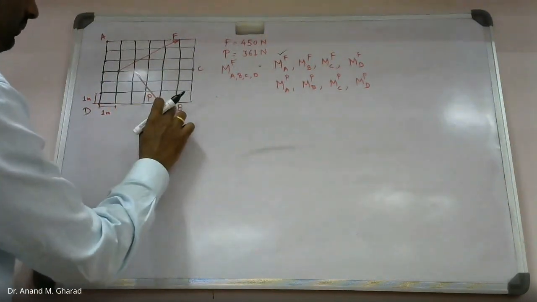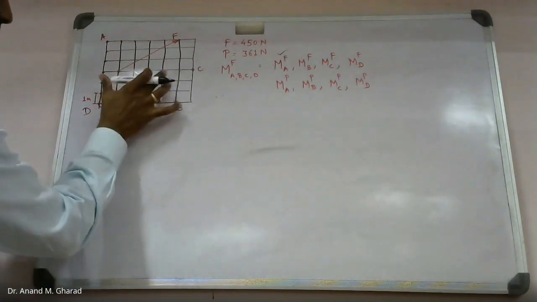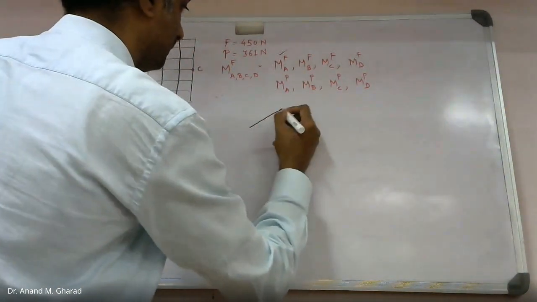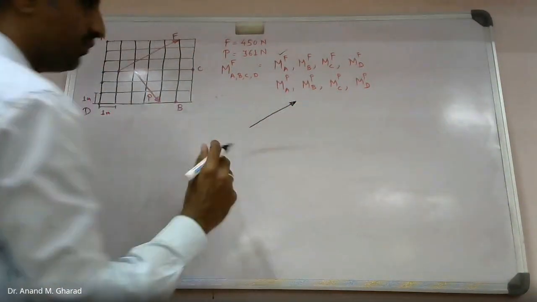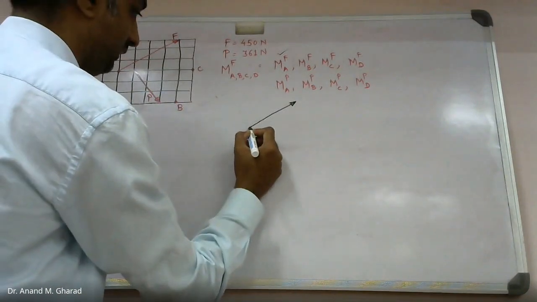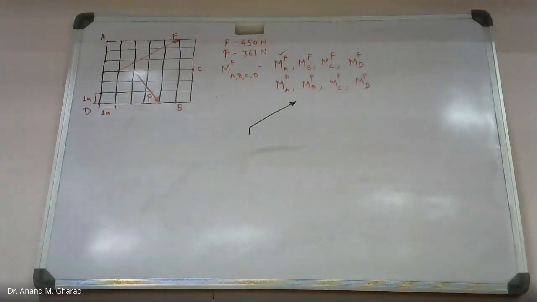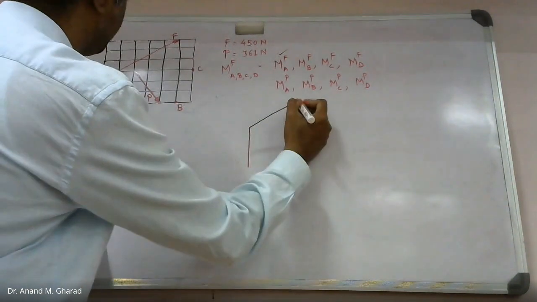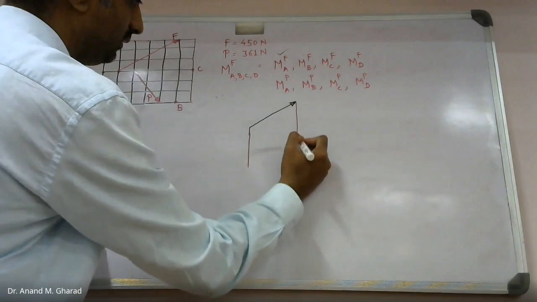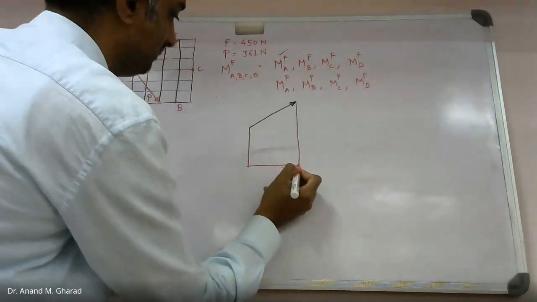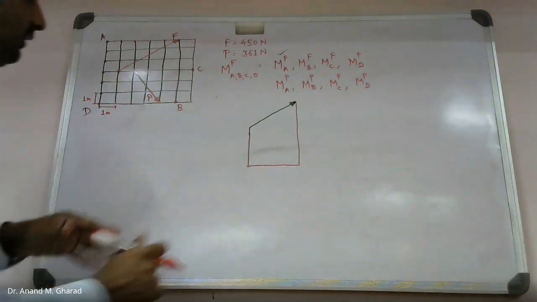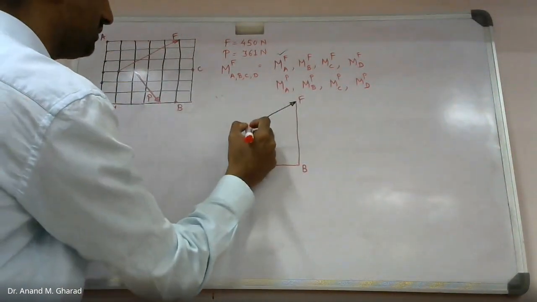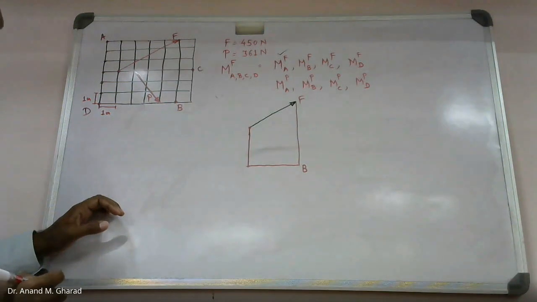Moment about point B due to F. So this portion I will draw, just for your understanding, and I will let you know another method to simplify this. It is something of this sort. This is point B. This is force F. This is the point of application of force.